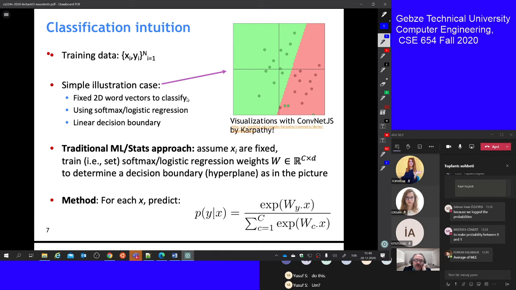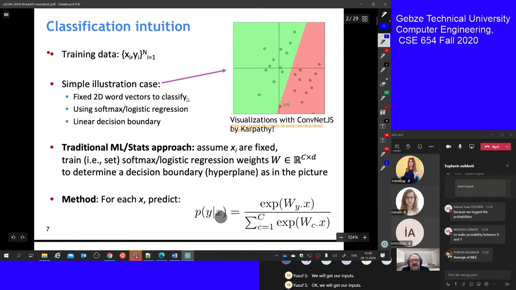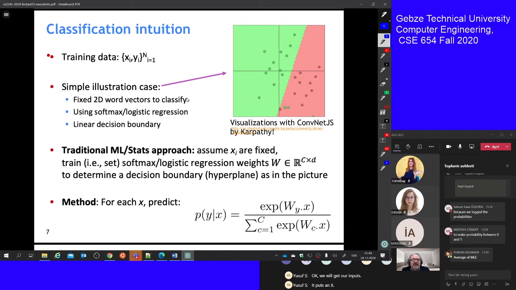We will get our inputs. Inputs are x. Given these inputs, what is the probability of this input has class 1 or 2 or 3 or 4 or 5? Okay, remember we have 5 classes.